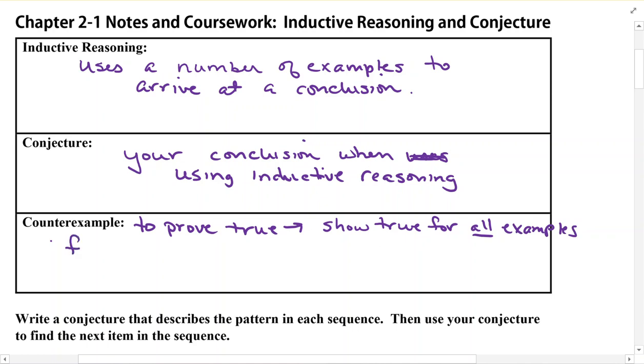To prove false, all you have to have is one false example. And this false example is called a counterexample.